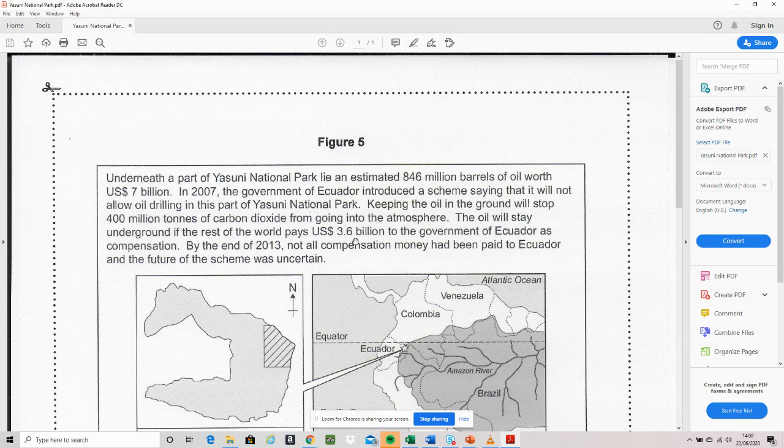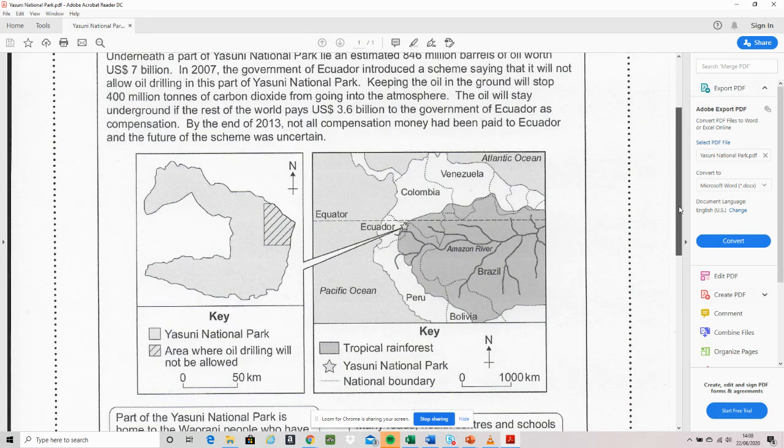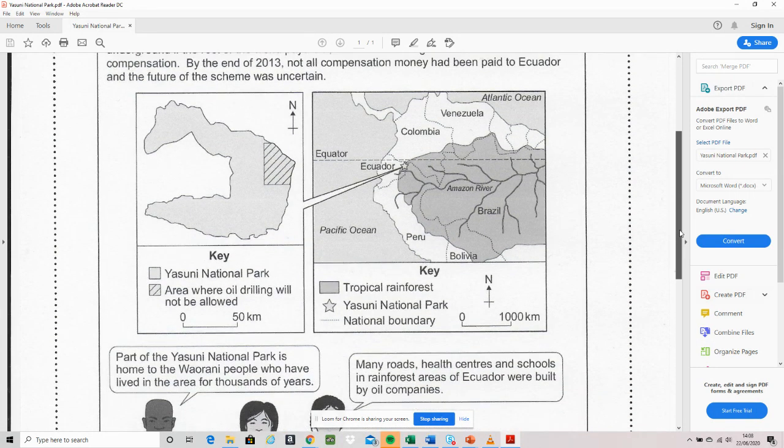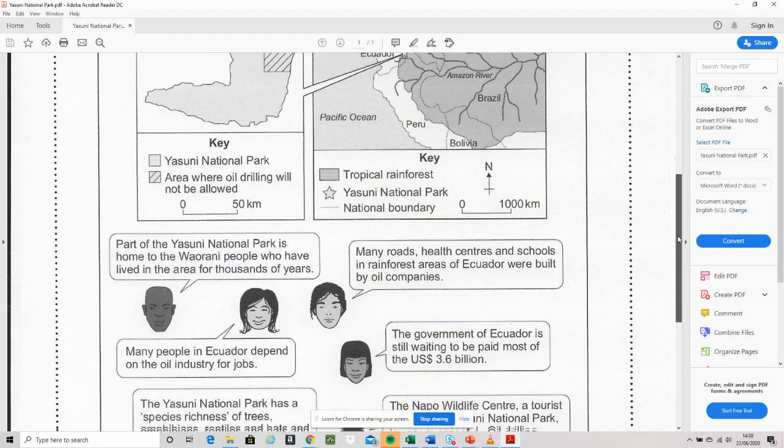However, by the end of 2013, not all the compensation money had been paid to Ecuador, and the future of the scheme was uncertain. So you had the map here showing where Ecuador is in South America, showing where the national park is in Ecuador, and you had some viewpoints from different people.